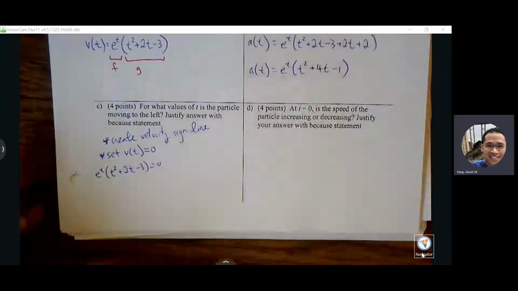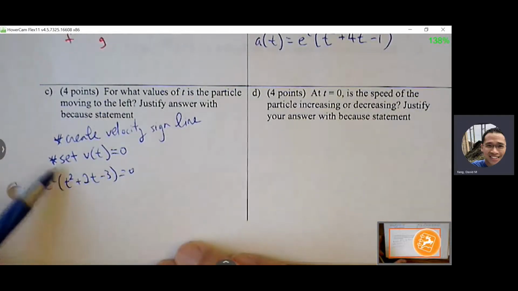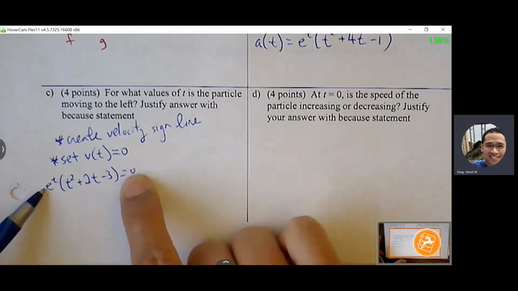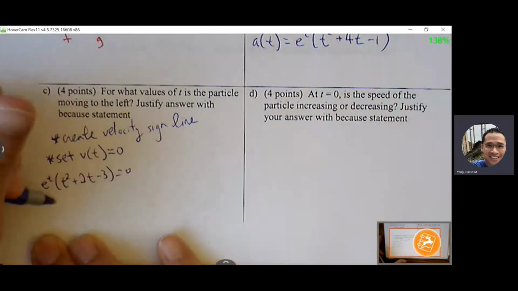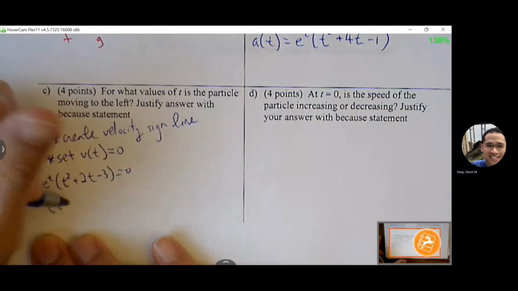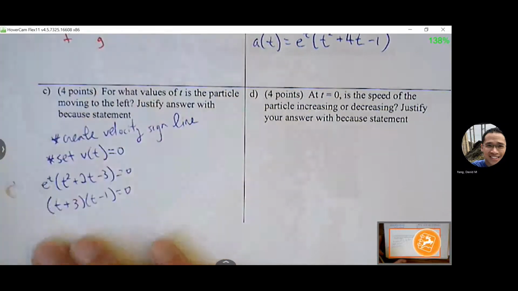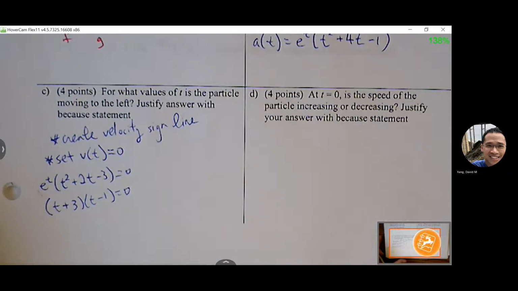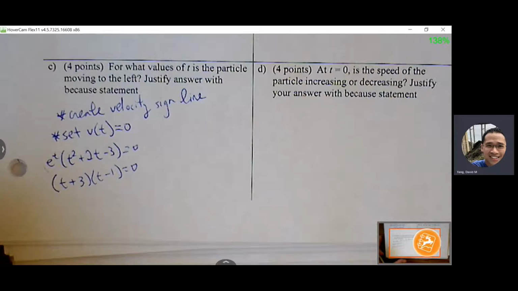We know e to the t is not going to produce anything because e to the t is the exponential function that hovers above 0. So there's no solutions there. We're just going to set t squared plus 2t minus 3 equal to 0. We can factor. Solve for t, we get -3 and 1.